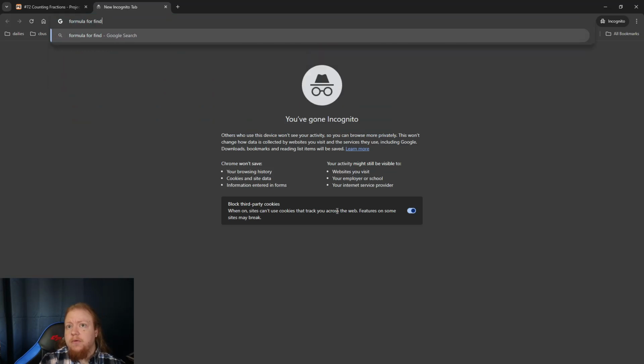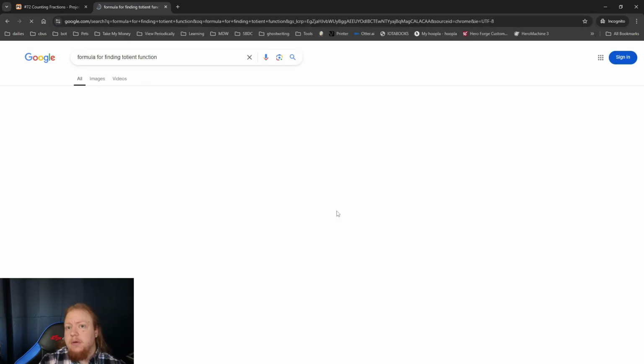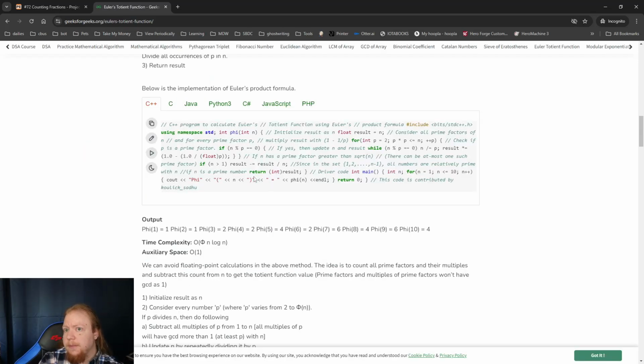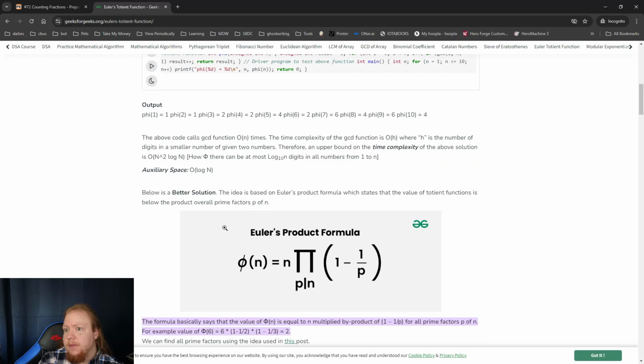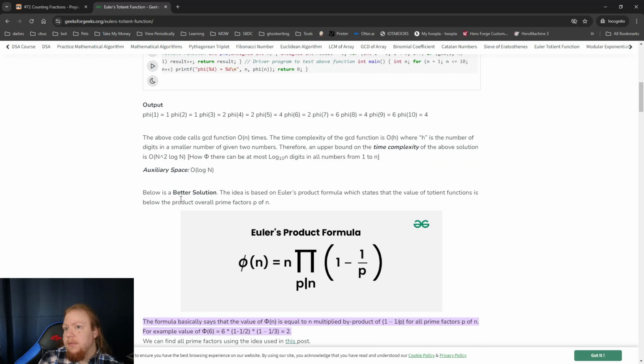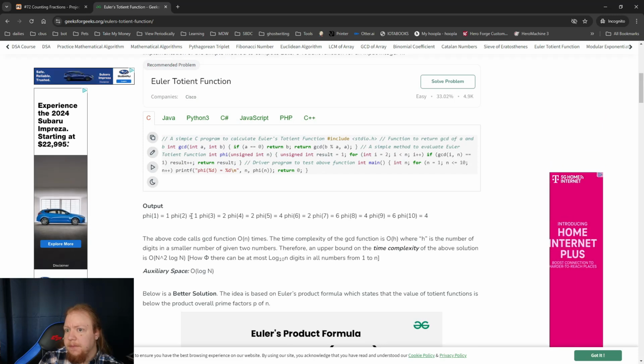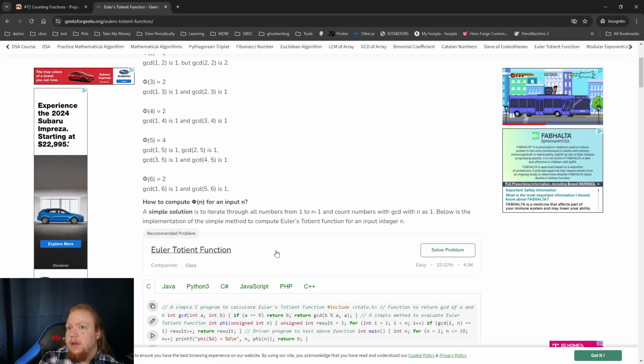Formula, finding, let's see, totient function. Okay.